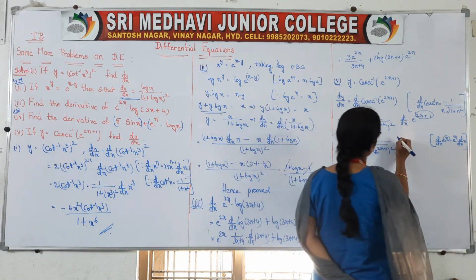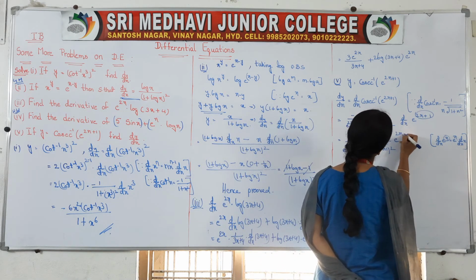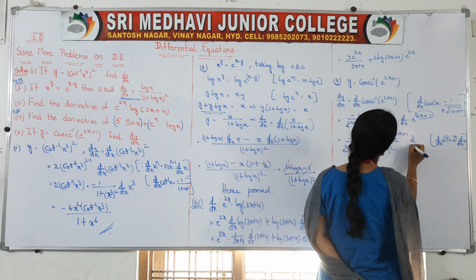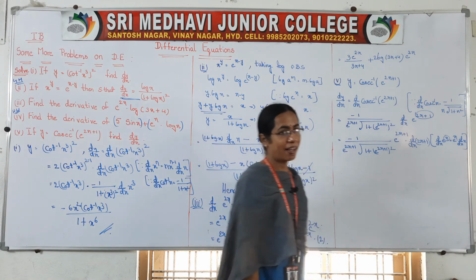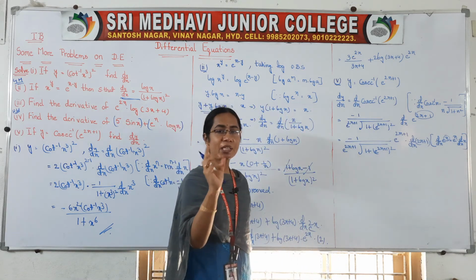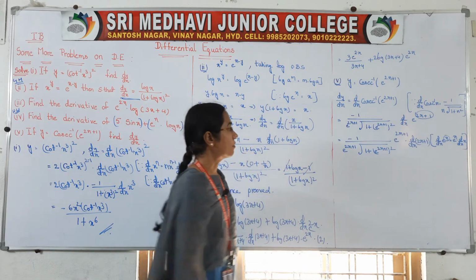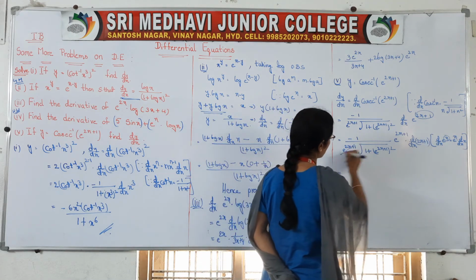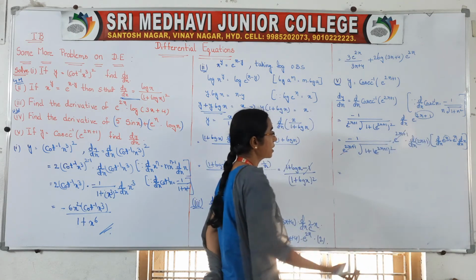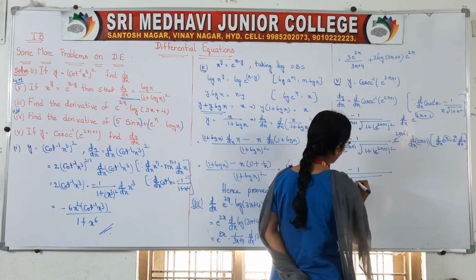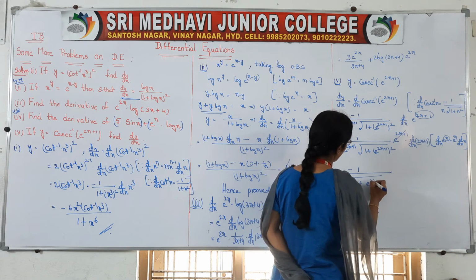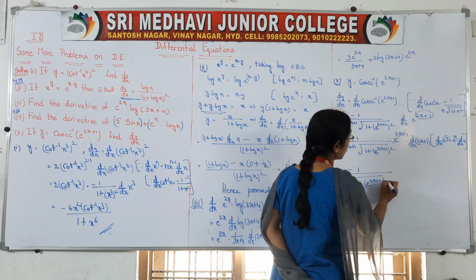So it is e to the power of 2x plus 1 into d by dx of 2x plus 1. Whatever the variable is, we have to take that variable. So e to the power of 2x plus 1 cancels, leaving minus 1 by 1 plus e to the power of 2x plus 1 whole square.